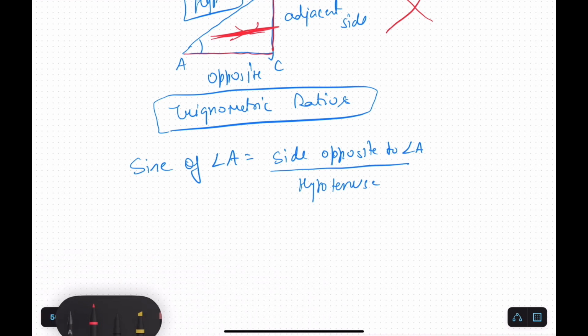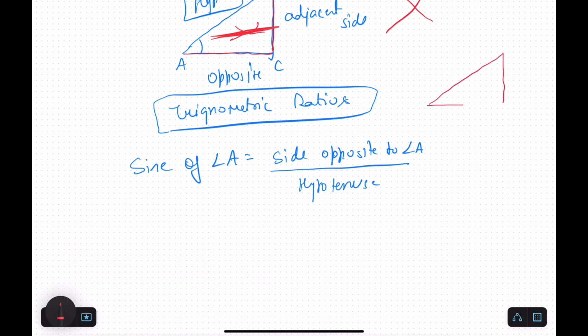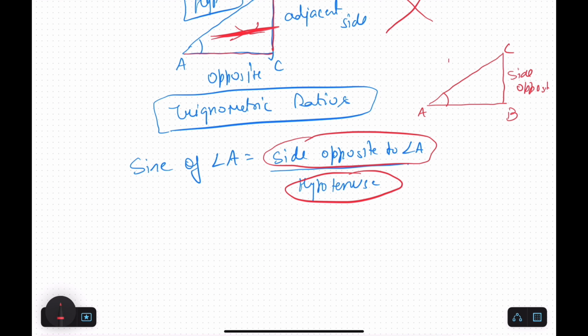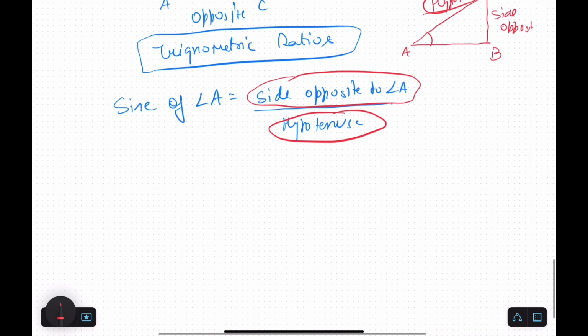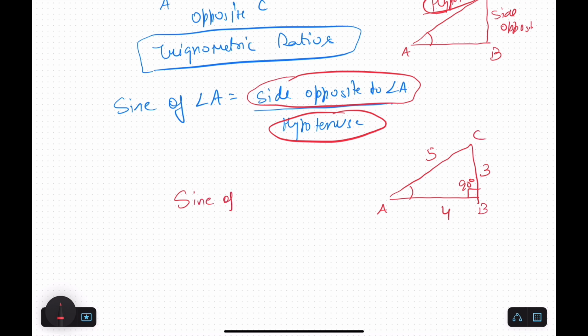If I draw this triangle and this is angle A, this is B and this is C, the side opposite to A is this side, and the hypotenuse is this side. For example, if this is a triangle and this is 3, this is 4 and this is 5, and this is the 90 degree angle, what would be sine of A?